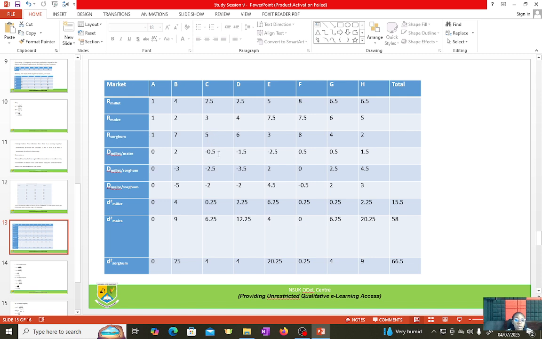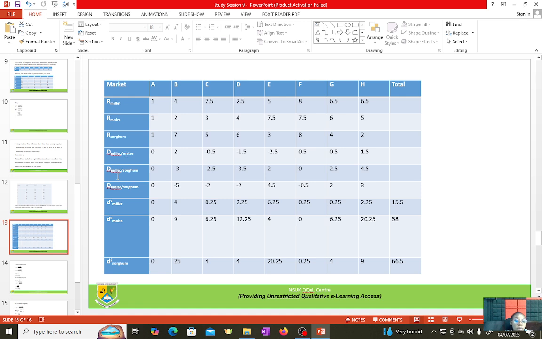So that's how it goes. 2.5 minus 3 is the difference between millet and maize we are considering. 2.5 minus 3 gives you minus 0.5, and it goes on and on. That's the rank difference between millet and maize.